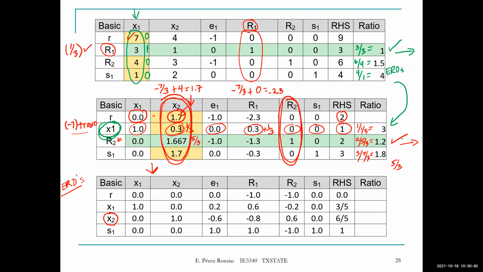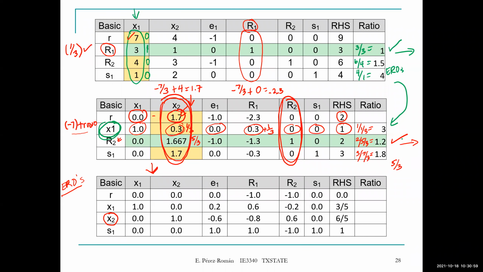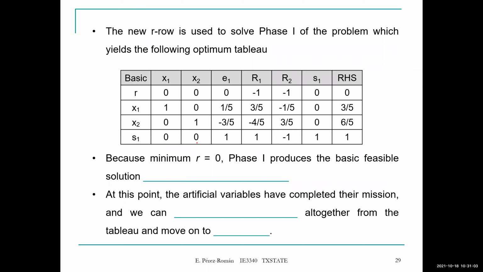Okay, so we are not done. At this point, what we want to do is to go to phase two. Okay, so the new R row is used to solve phase one of the problem, which is the following optimal tableau. So this is the same tableau that we got here at the end.